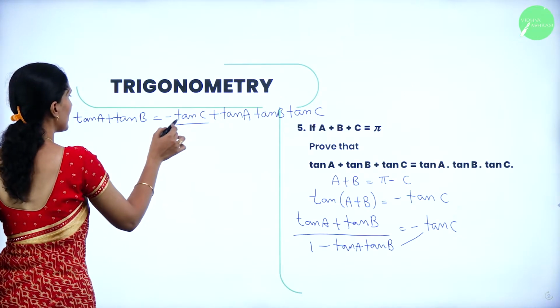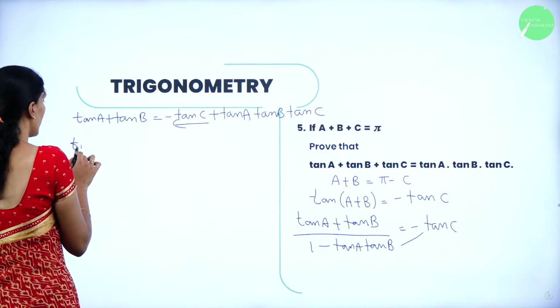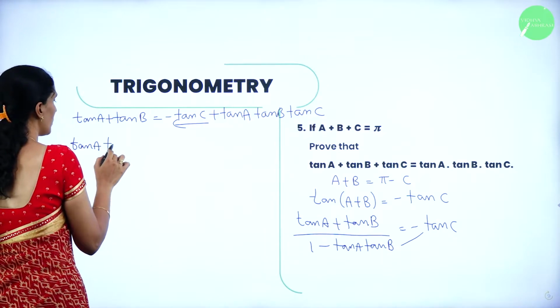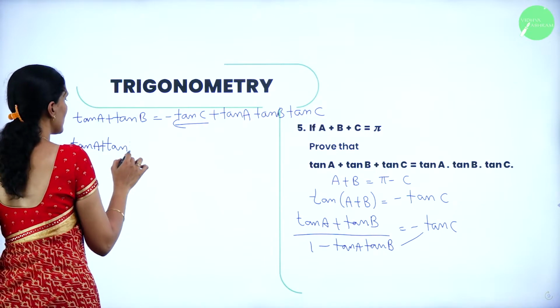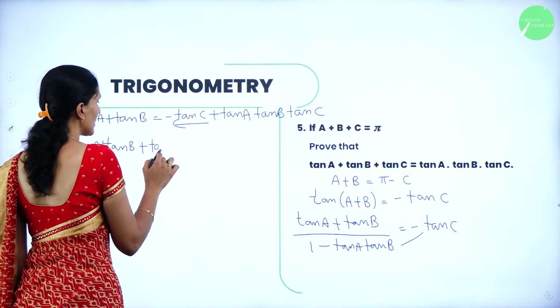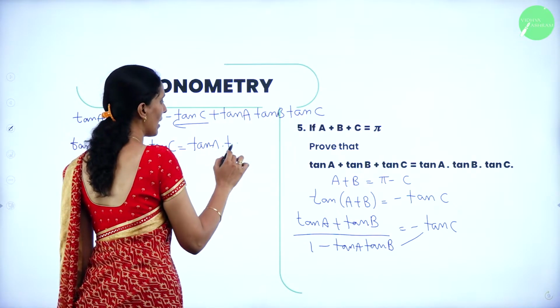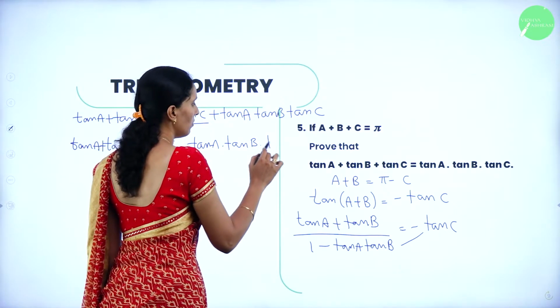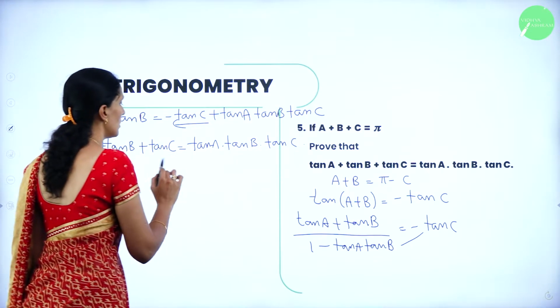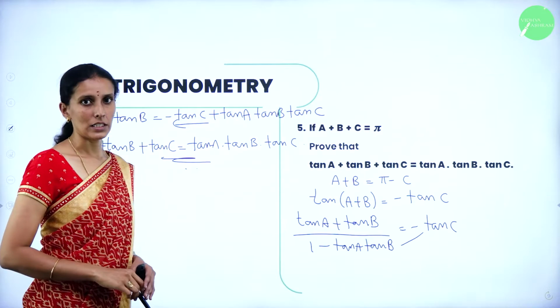So shift minus tan c to the left hand side, it becomes tan a plus tan b plus tan c is equal to tan a into tan b into tan c. So this is the required result.